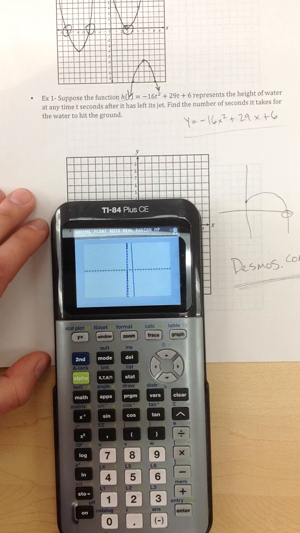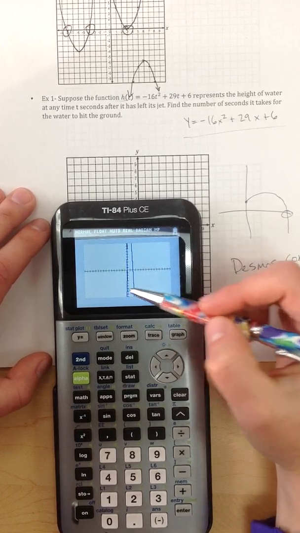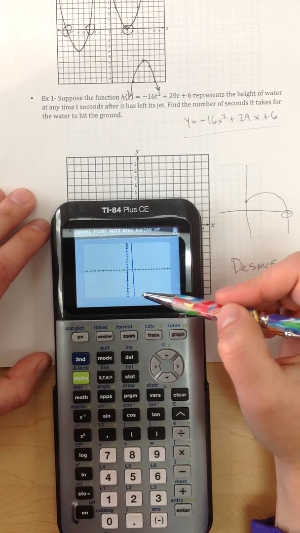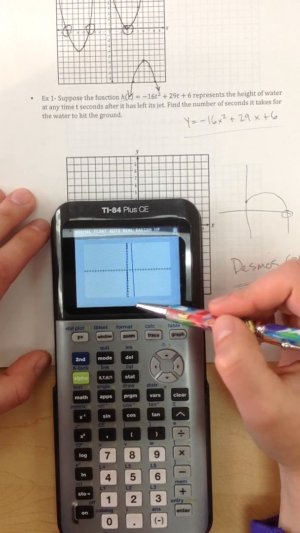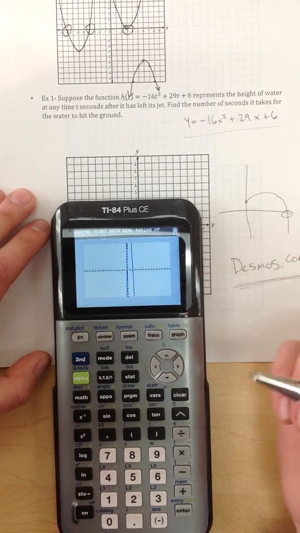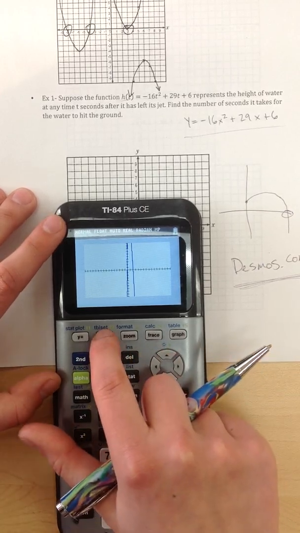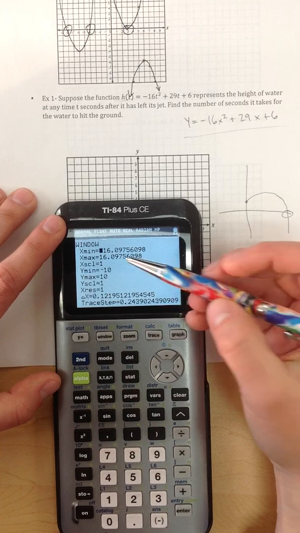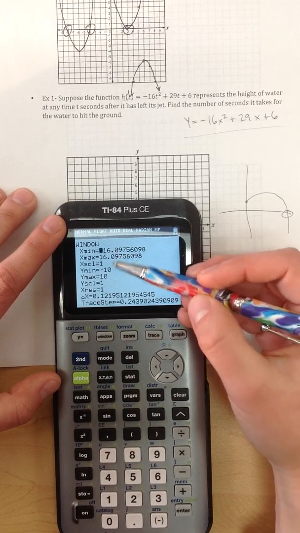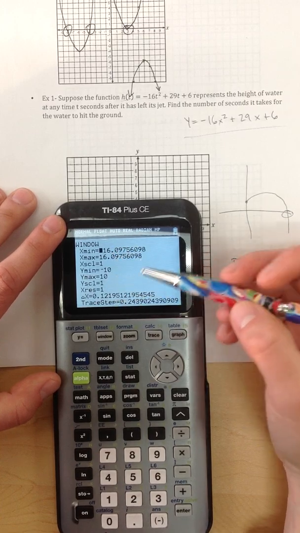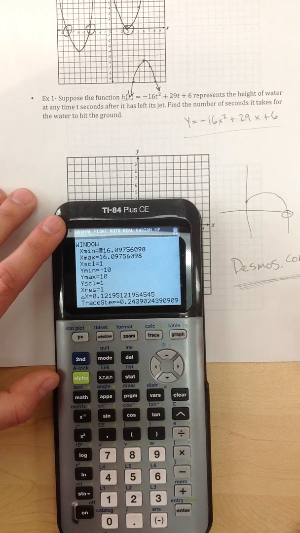Okay, so then after a few seconds it'll graph. Now what this looks like here is it looks like it's going up pretty high and then coming down pretty sharply. If you want to see what the full graph would look like, you could change your window here. So you can either change your window by going in here and kind of changing it. You can go 10 by 10, which is usually what it's set up as. This one looks like it's set up slightly different.